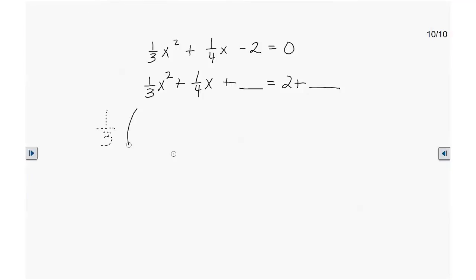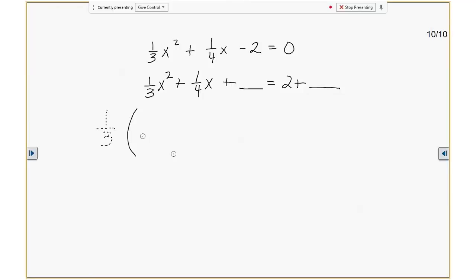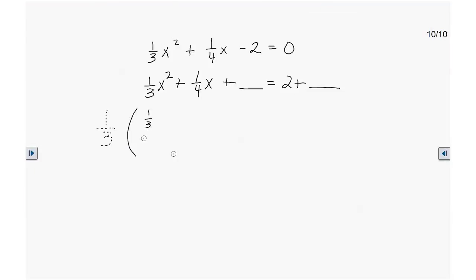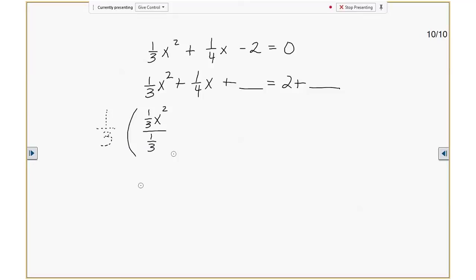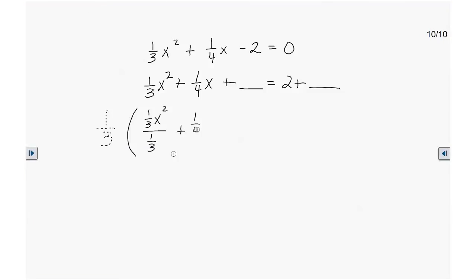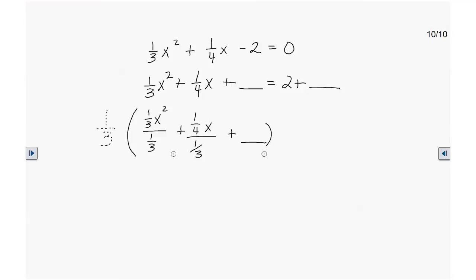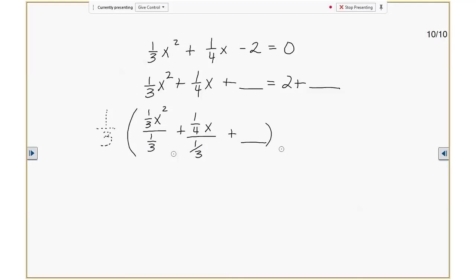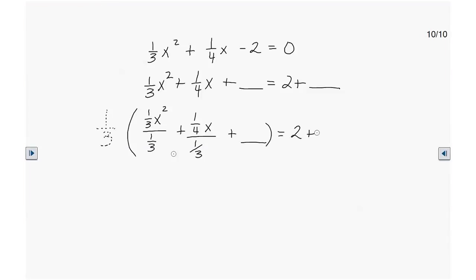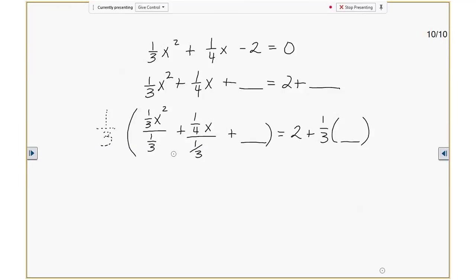But I'm going to show you what I actually do right here. And then when I do it, I'll turn this into a 1/3. Okay, 1/3 divided by 1/3 is 1.